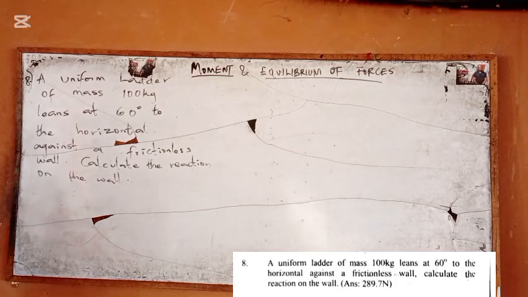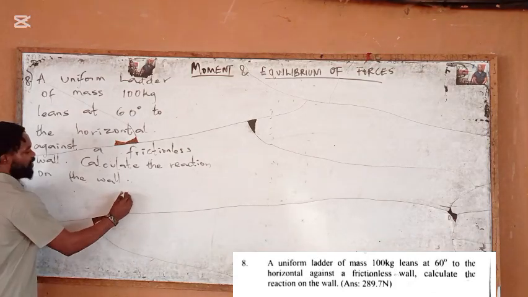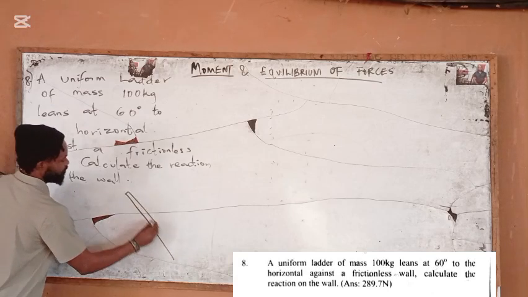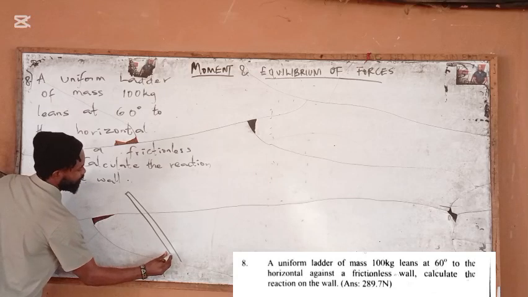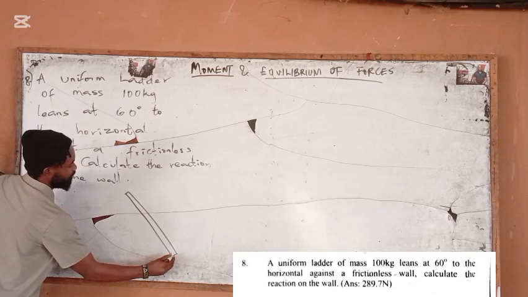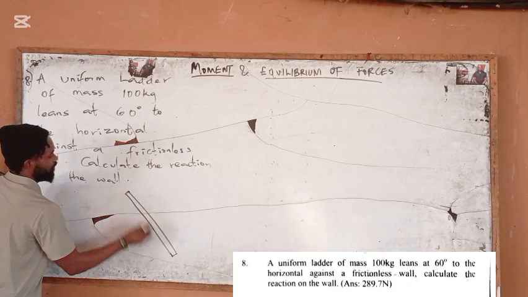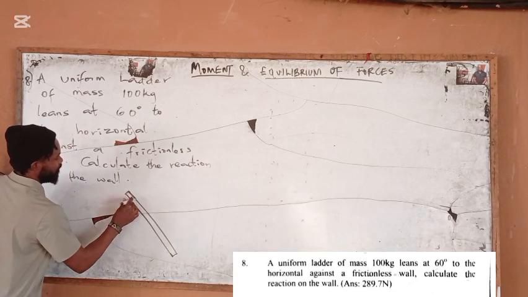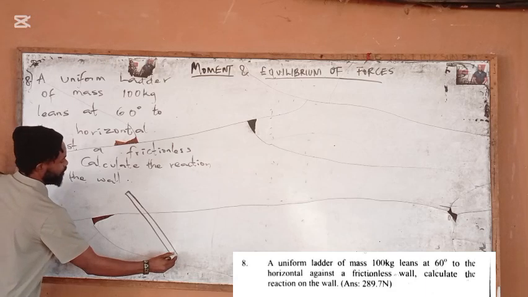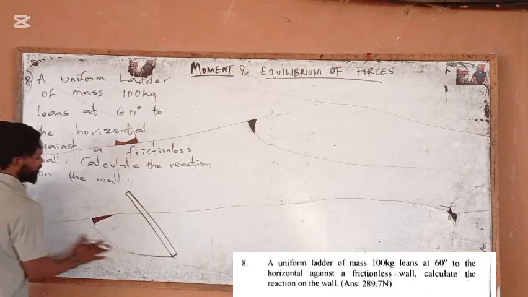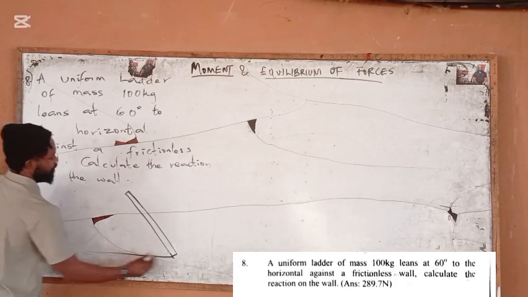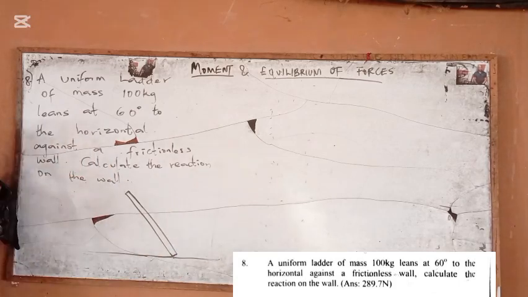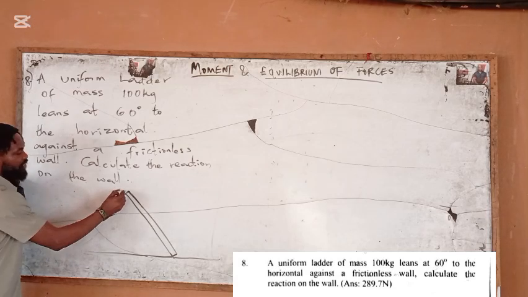So let me just draw the ladder. Let's start with the ladder. So I have a ladder that is leaning. Now let's say this is your wall.